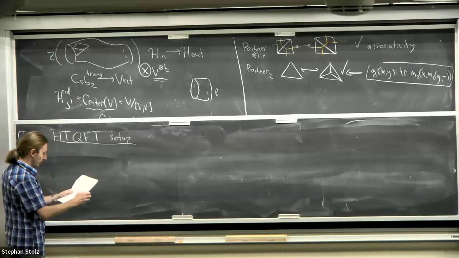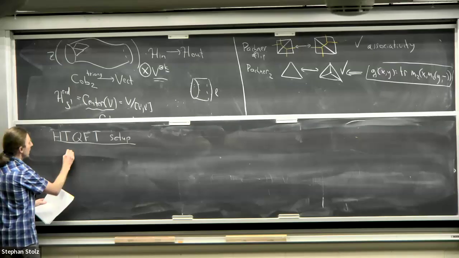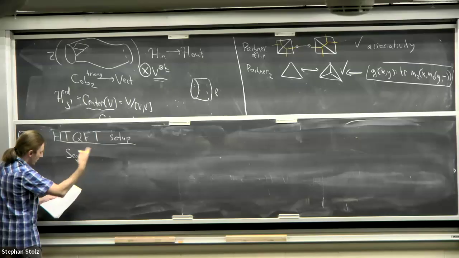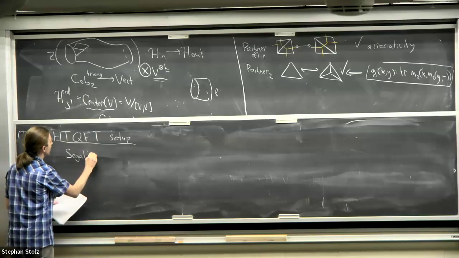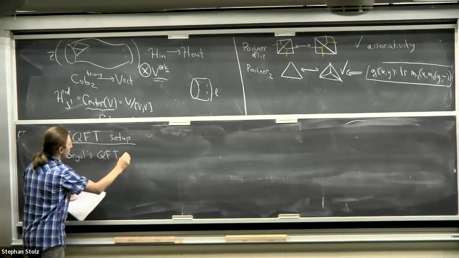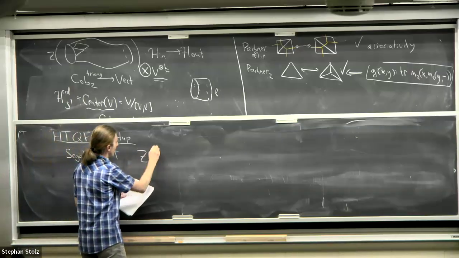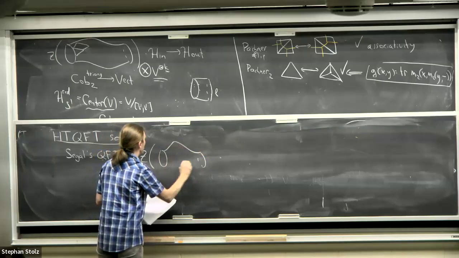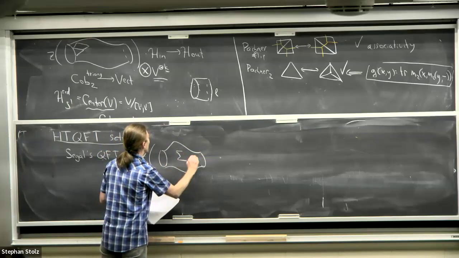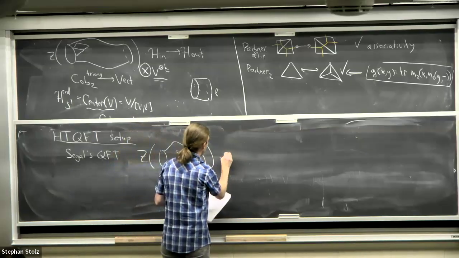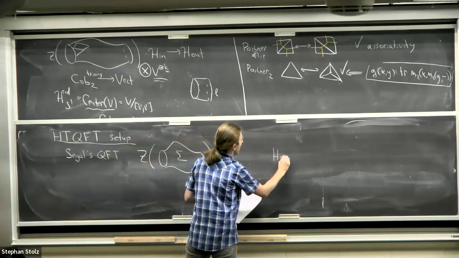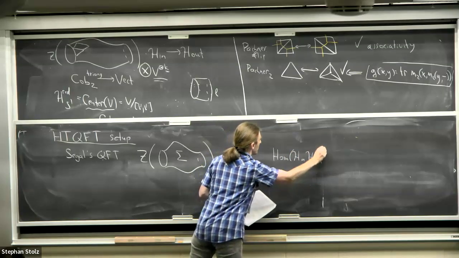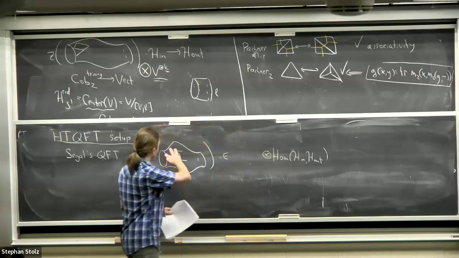So here's the idea. In Segal's picture of combinatorial, or geometric combinatorial, quantum field theory, you have partition functions for manifolds with boundary. Let me draw some schematic manifold with boundary here. It's a map from the in space of states to the out space of states, but it also can depend on the geometry.